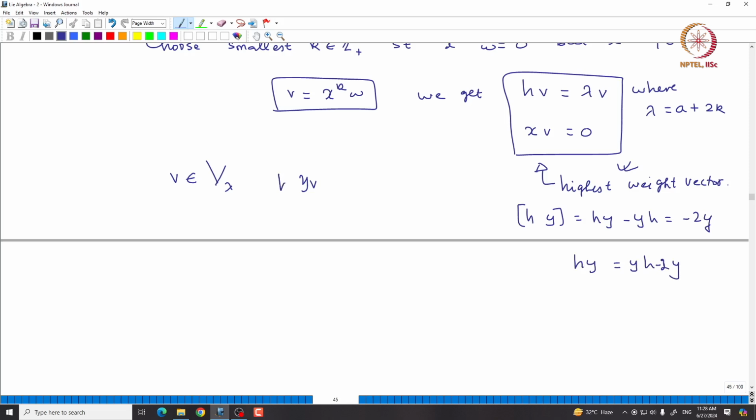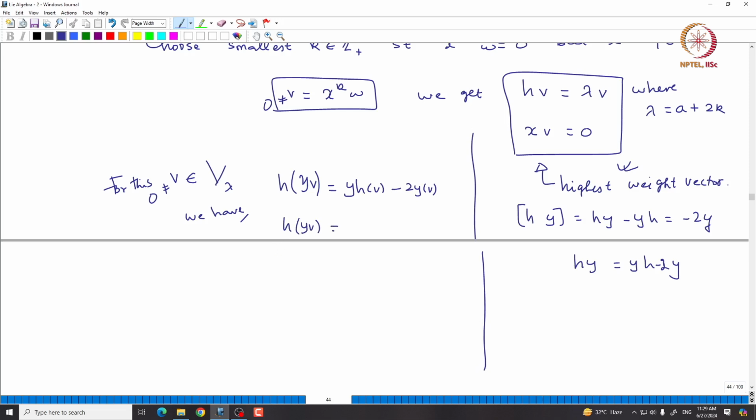So, if I apply h on yv, for this particular v which is nonzero, we have hyv equal to yhv minus 2yv. So, in particular this gives us hyv, where hv is nothing but lambda v, so lambda minus 2 times yv.